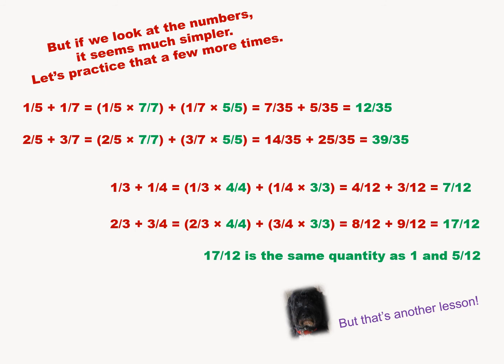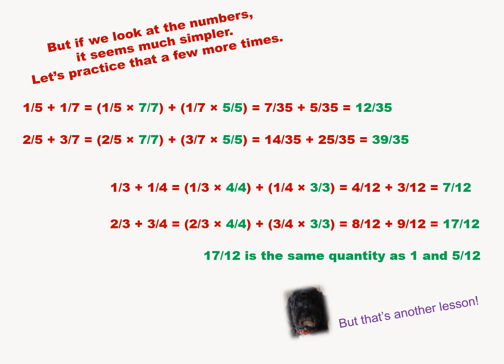If we're adding 2/5 and 3/7, when we multiply 2/5 by 7/7, we find an equivalent fraction of 14/35. That is, 14/35 is equivalent to 2/5, but it has a denominator of 35.